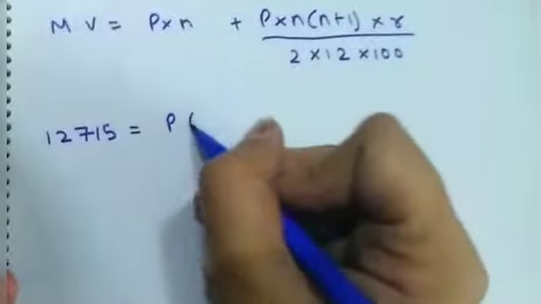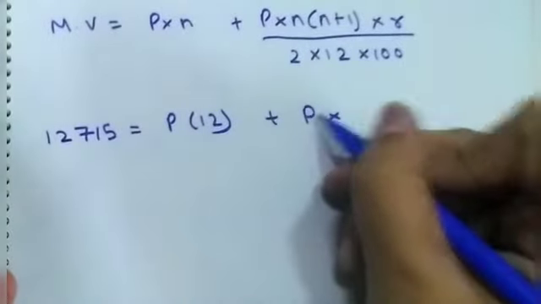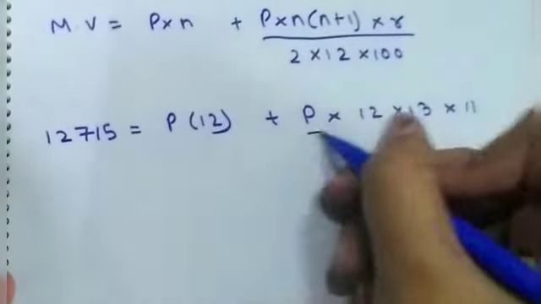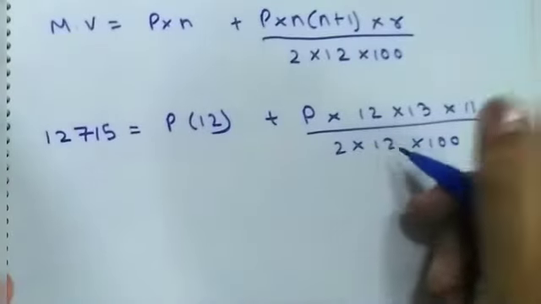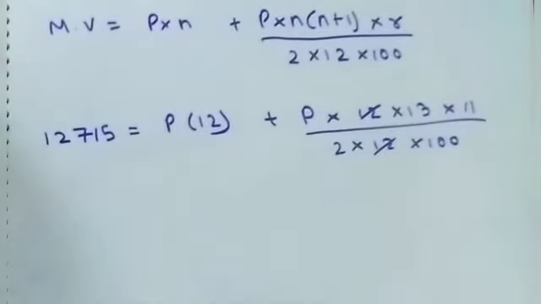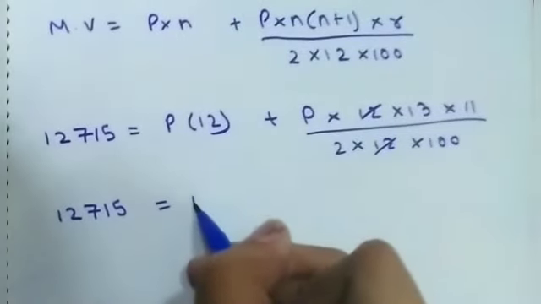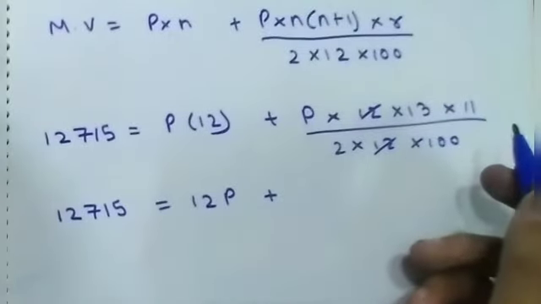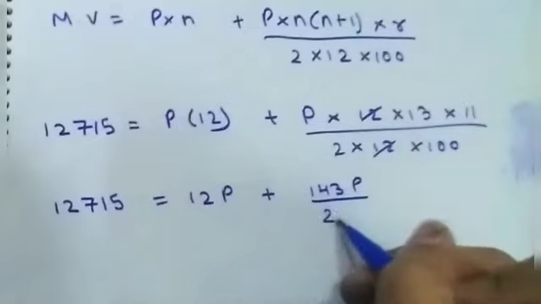P into 12, because N is 12, plus P into N is 12, N plus 1 is 13, R is 11 divided by 2 into 12 into 100. So your 12 and 12 get cancelled. 12,715 is equal to 12P plus 13 into 11 is 143P divided by 200.